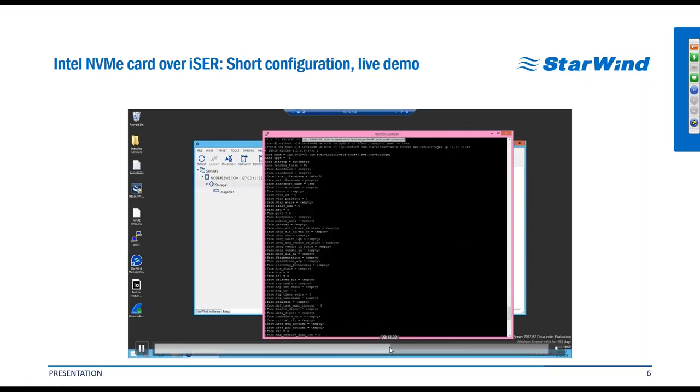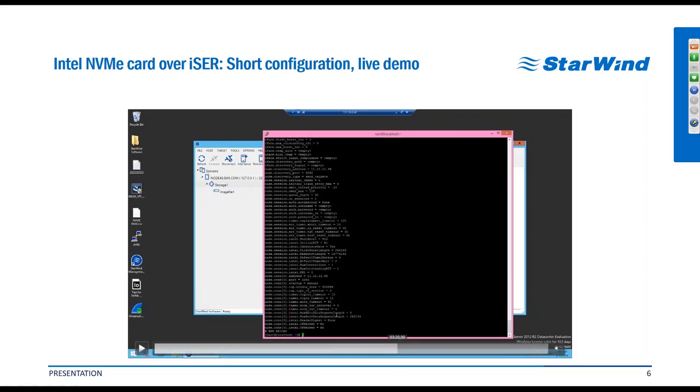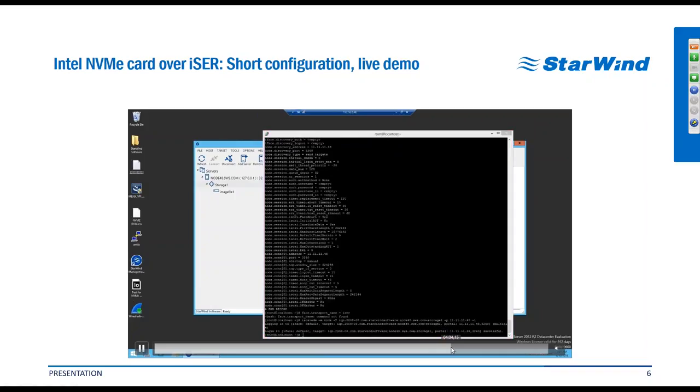And then what will happen next is I'll go ahead and make it a drive. Yep, there it is. Basically that is it, and it is pretty easy and pretty straightforward.